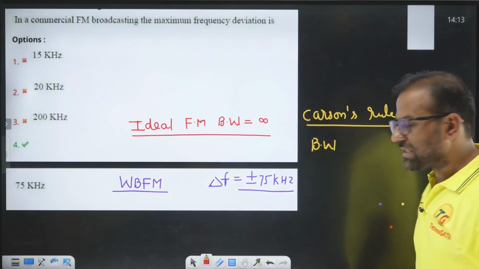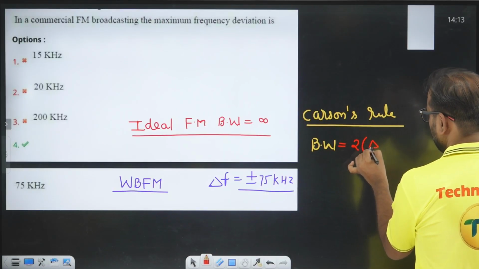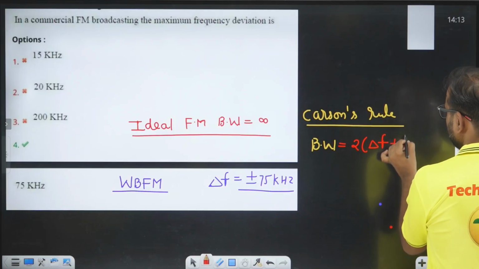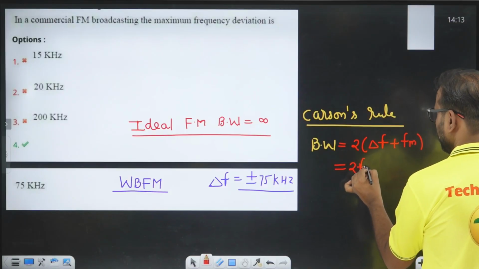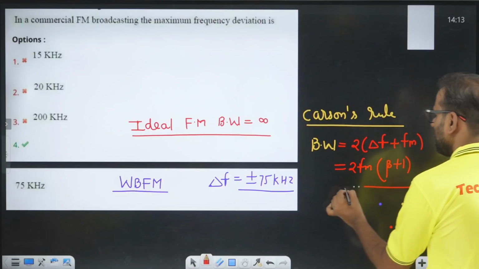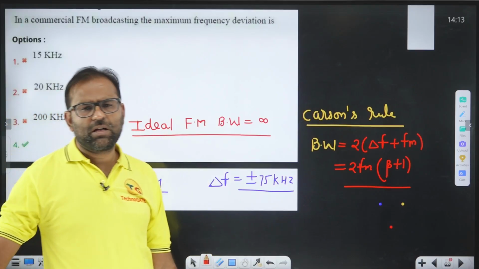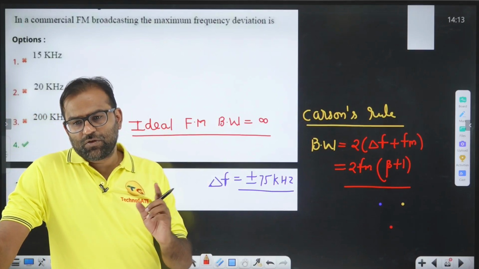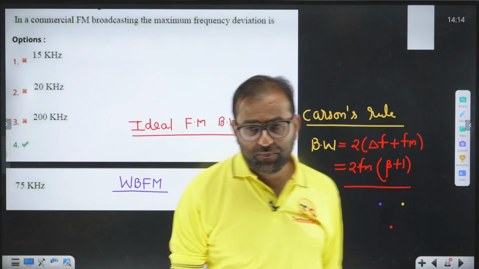But if you use Carson's approximation, the bandwidth is given by 2 times (delta F plus FM), or you can say 2 times FM into (beta plus 1). Beta is known as the modulation index of the FM. Always remember, FM is the frequency of the modulating signal. And delta F is the frequency deviation.